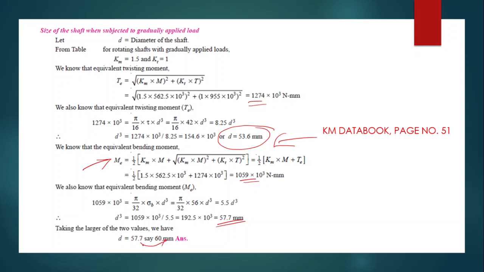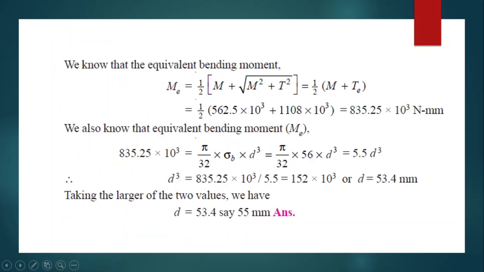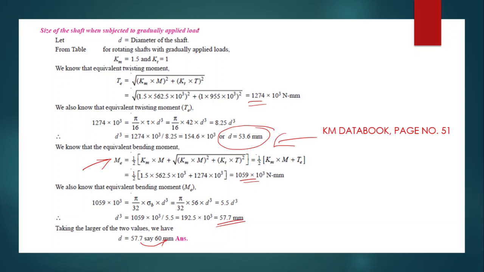Here we can easily say that a shaft having a higher diameter is needed when subjected to gradually applied load than with constant load. In the case of constant load, we have already calculated the value of D as 55 mm, and for gradually applied load it becomes around 60 mm.